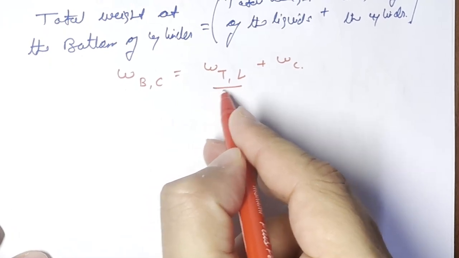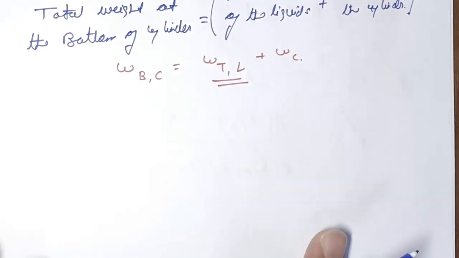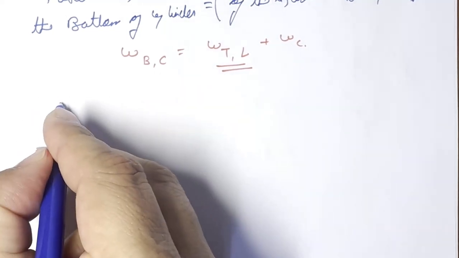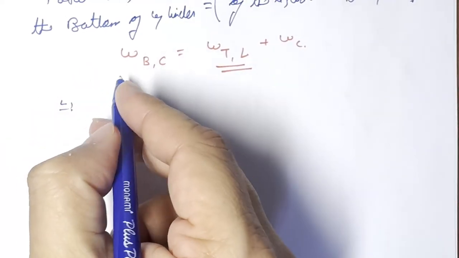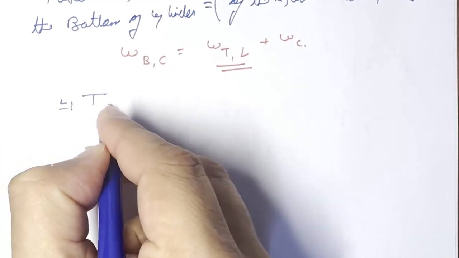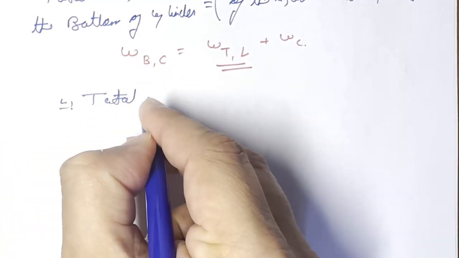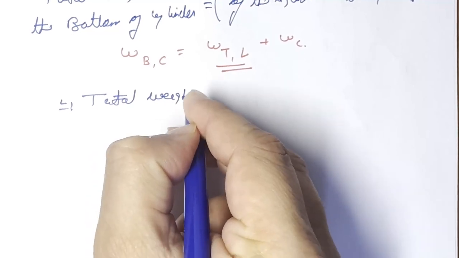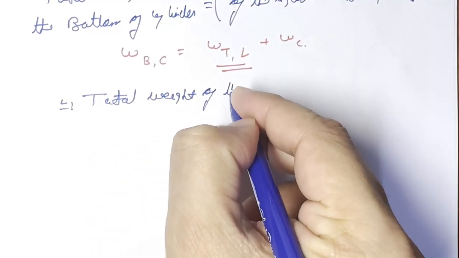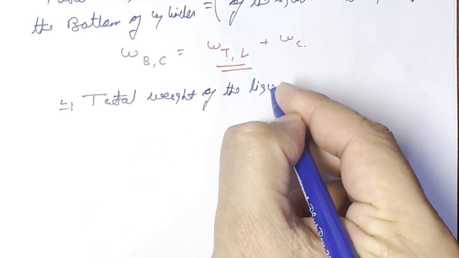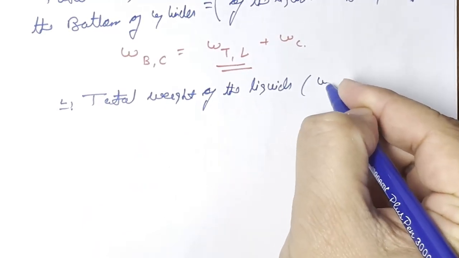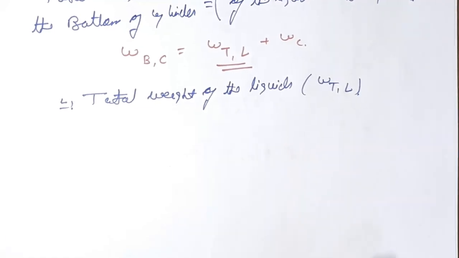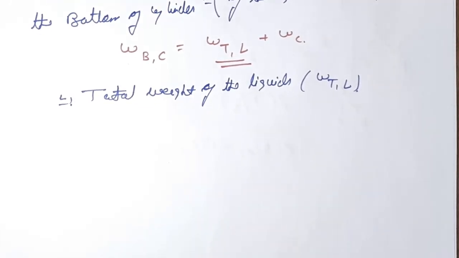We are going to start from this part. Total weight of the liquids, and we have two liquids, liquid 1 and liquid 2.